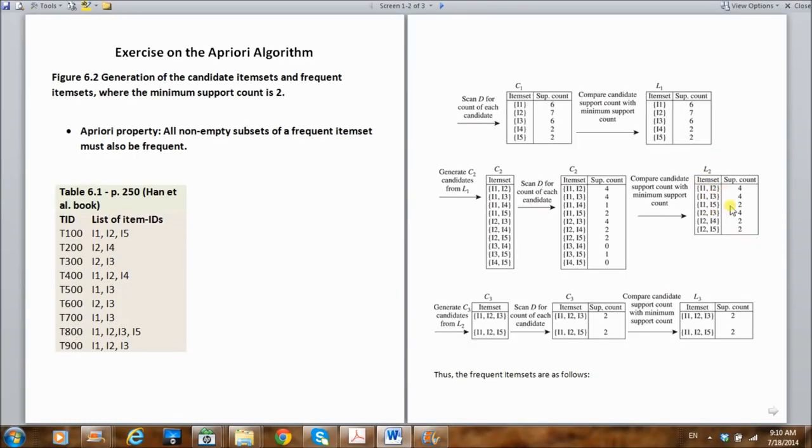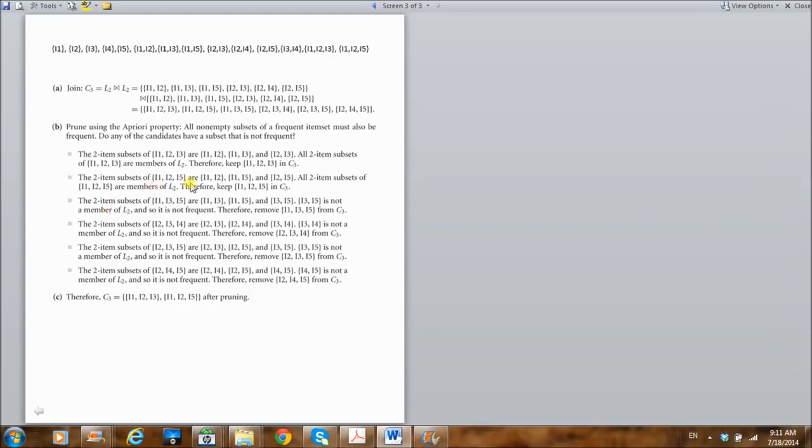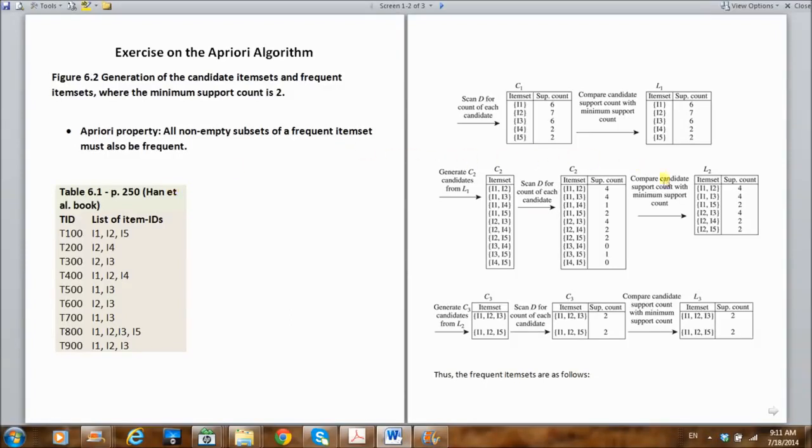If you look at our level 2 frequent item sets, we have {I1, I2}, {I1, I5}, and {I2, I5}. So all subsets of {I1, I2, I5} are members of L2, or frequent item sets, so we include {I1, I2, I5} as our candidate.